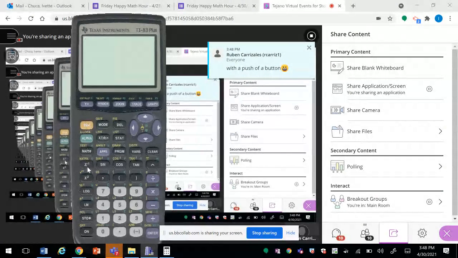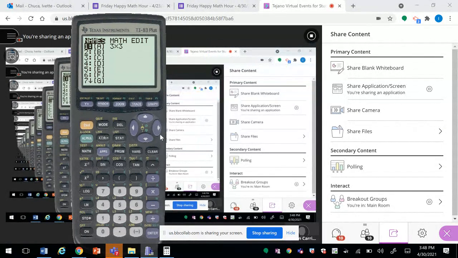You would go second, matrix, and then math, and it's the first option, determinant. Enter, and then second, matrix, A, and enter. So we get 1, okay? This was a different problem, but that's the idea. So maybe a couple of buttons, but it gives you the answer right away.